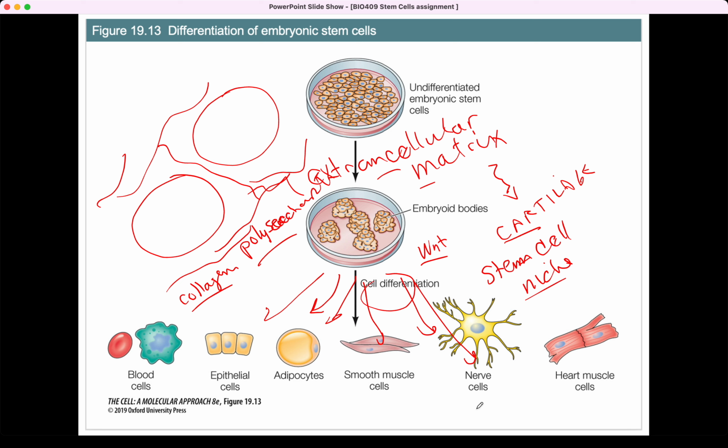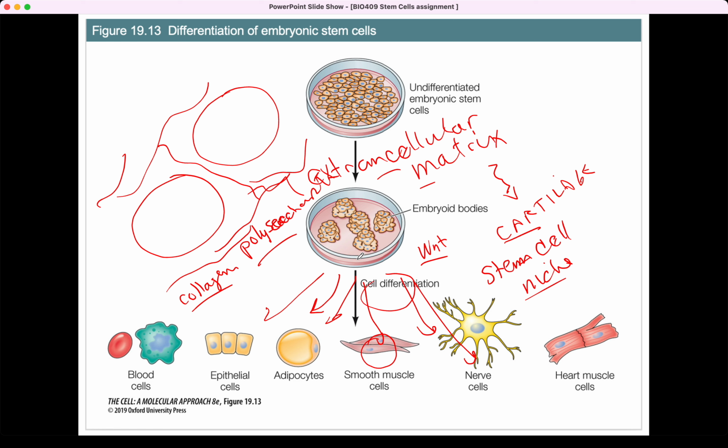So it turns out that if you just take these stem cells and you try to get them to differentiate into tissues, they can make muscles, but they aren't very well organized. They just don't really contribute and participate. And one of the reasons is because they don't have that extracellular matrix.